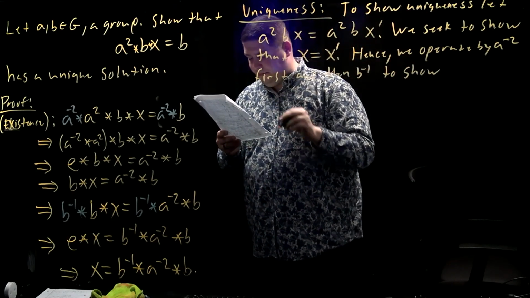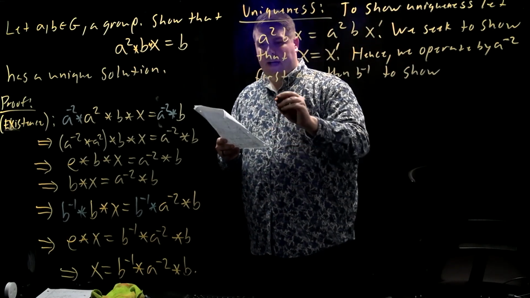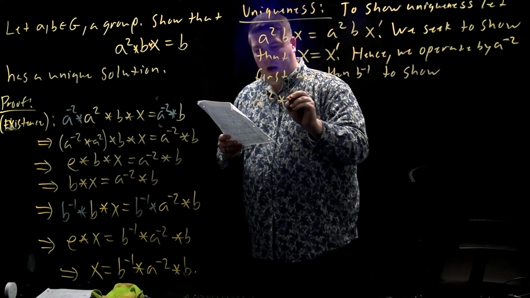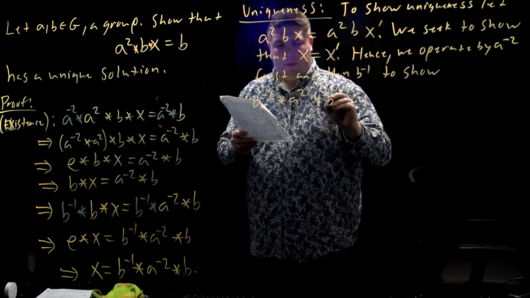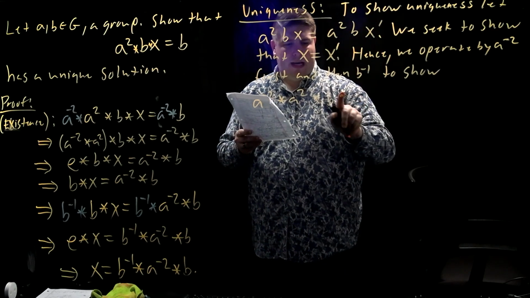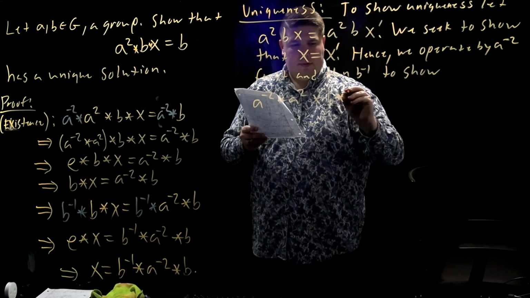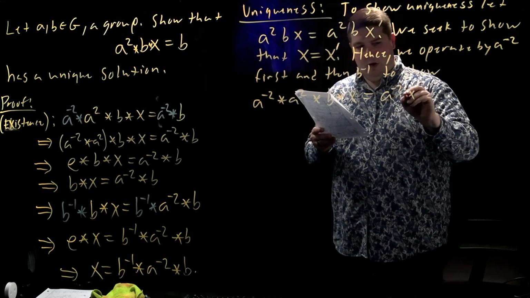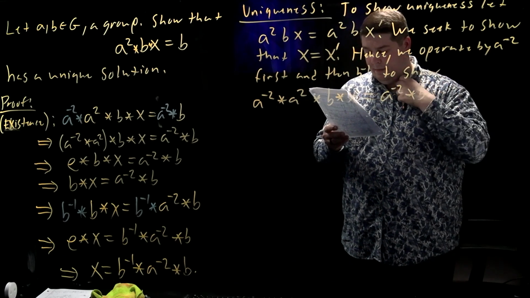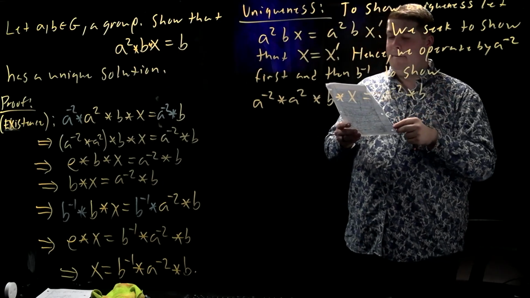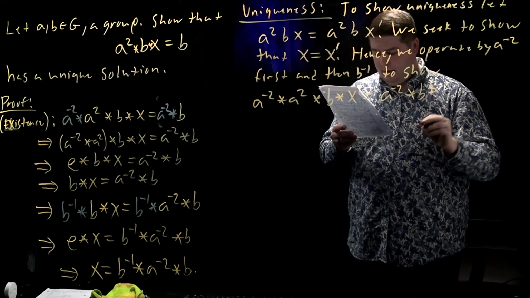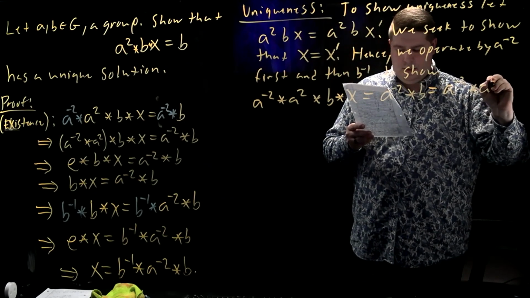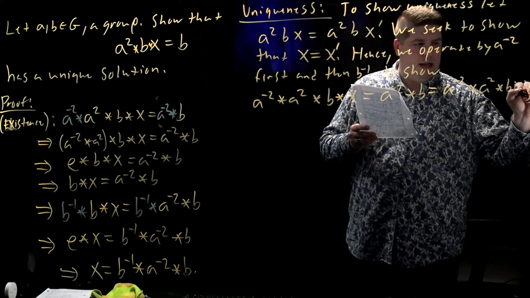All right, so by doing that, we show that a to the negative 2 operate with a squared, operate with b times x. Let me just say operate with x is equal to a to the negative 2 operate with b equals a to the negative 2, operate with a squared, operate with b, operate with x.